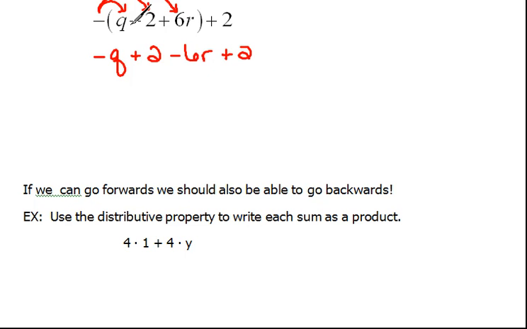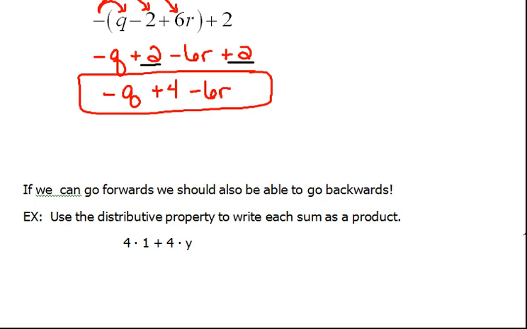Once we look at this now, there are some things that we can combine. In fact, we have like terms. Our plus 2 and plus 2, those are plain numbers that we can combine. So when we combine our like terms, we have negative q, and then plus 2 and plus 2 would be a positive 4, and then minus 6r. Now we cannot combine anything else, so that would be our final answer.